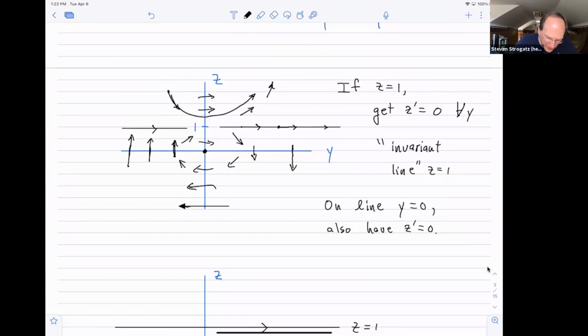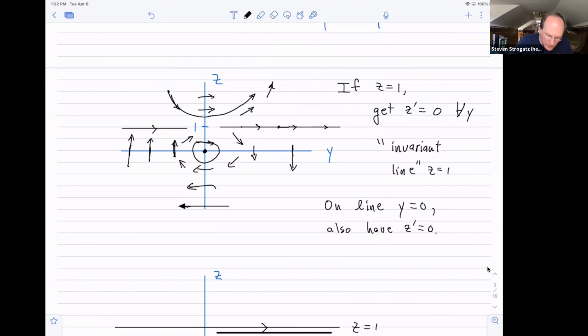I'll prove momentarily that if I start near the origin, my trajectories go sideways this way, then down vertically, then they come around, and they actually make closed loops. That can be proven: they really do close, they don't spiral.